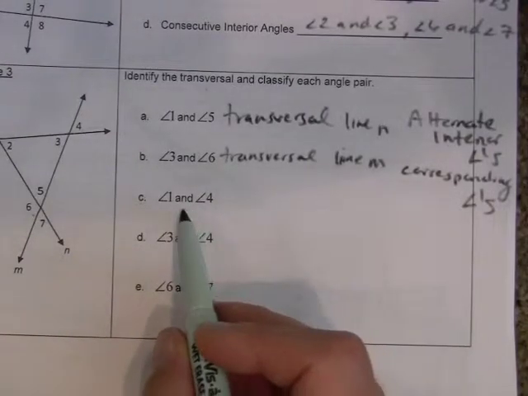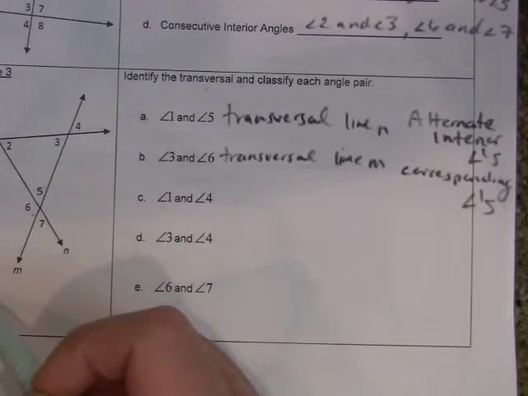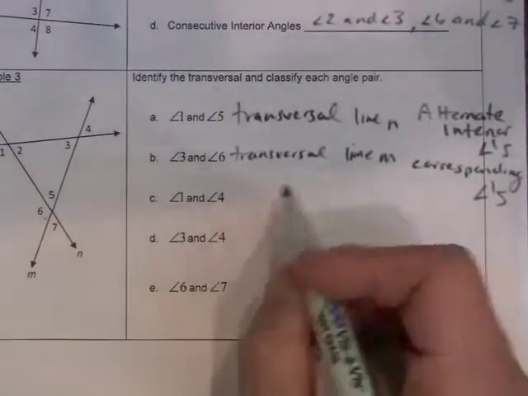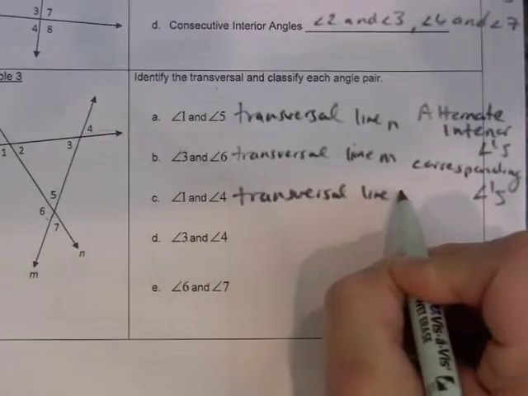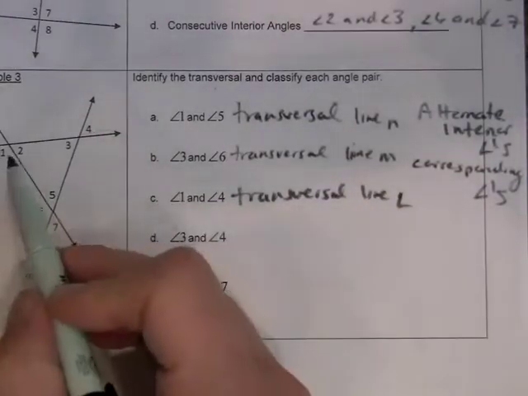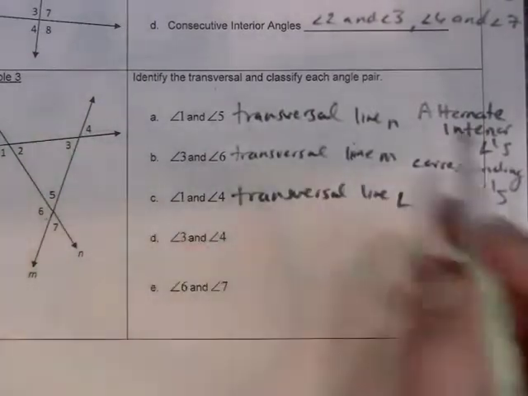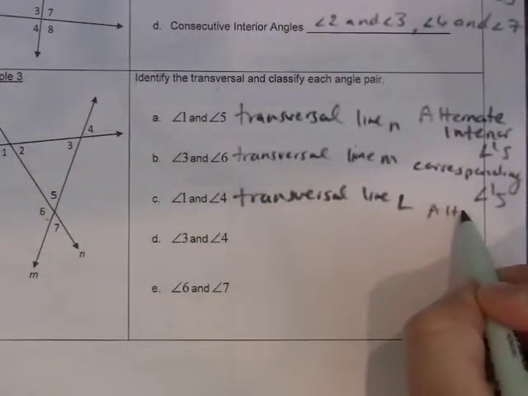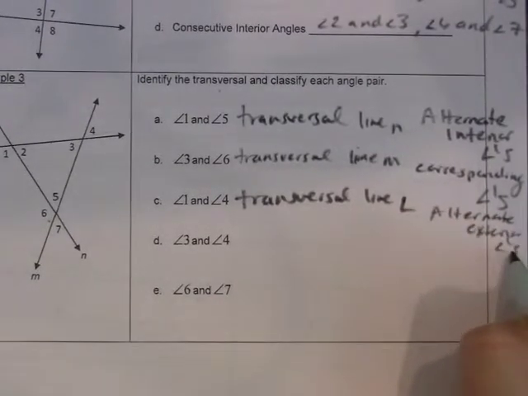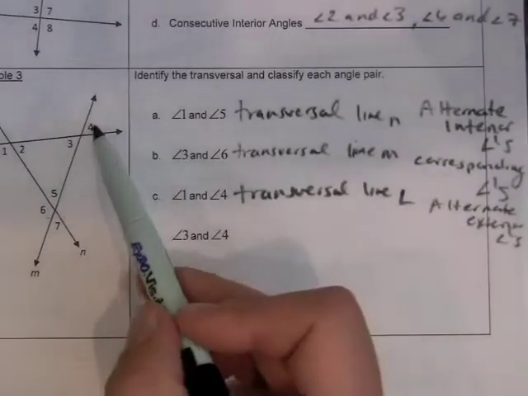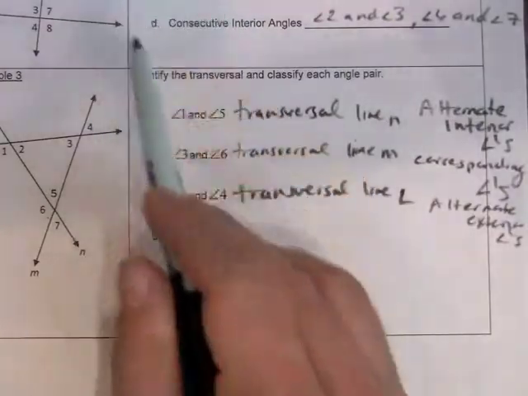In C, with angle 1 and 4, you should have gotten the transversal to be line L. And 1 and 4 are outside the two lines on opposite sides of the transversal, so they are alternate exterior. Three and 4 is not one of the four relationships we learned in this section.